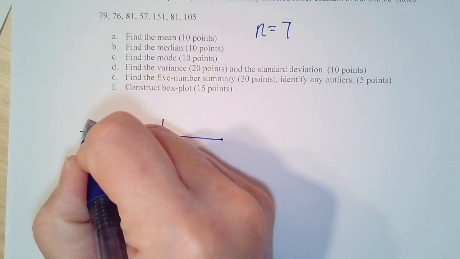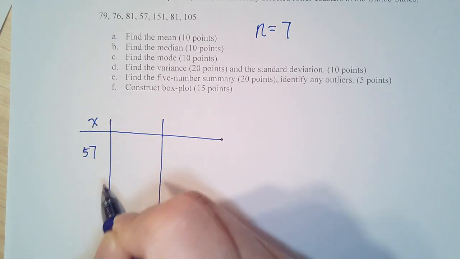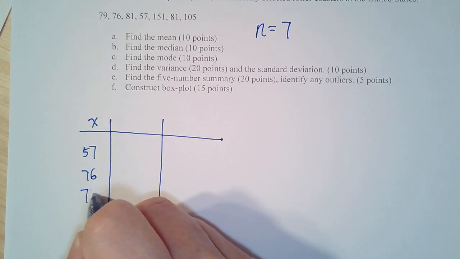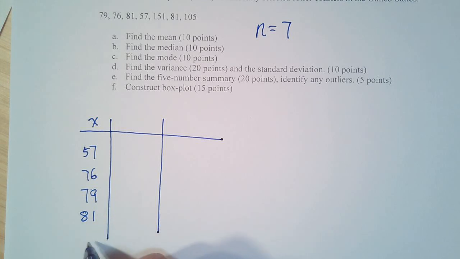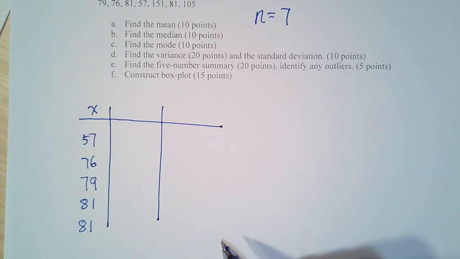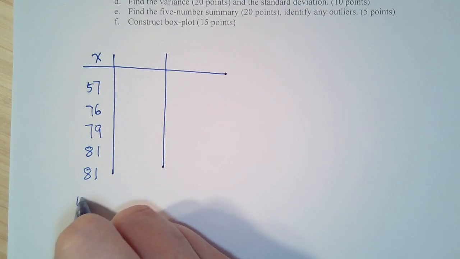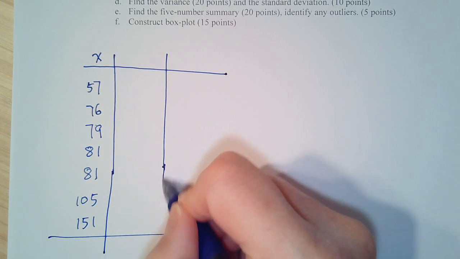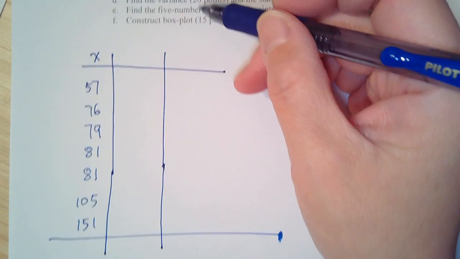The minimum number is 57, and then 76, and then 79, and then 80, and 81, and 81, then 105 and 151. All right, so that's my x.